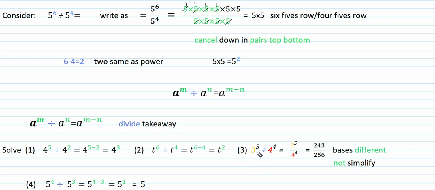Okay, now we have a special case. We have 3 to the power 5 divided by 4 to the power 4. Now this 3 and this 4, they're different. So the bases are different, so you can't just subtract these powers.